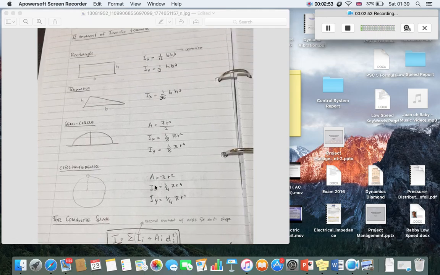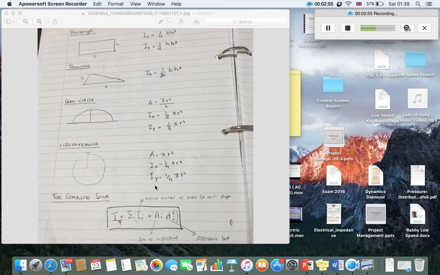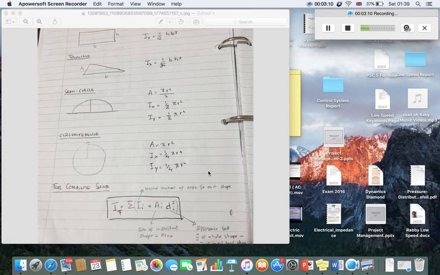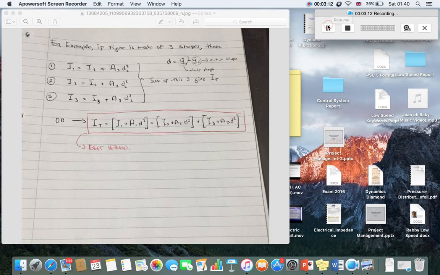And if you want to find the second moment of inertia of a composite beam, then this is the formula that we use, where I is the moment of inertia of the shape, A is the area of the shape, and D is the distance from the reference point. So it is the center of the whole system minus the center of the individual shape. Now to find the total moment of inertia, we just do the sum.